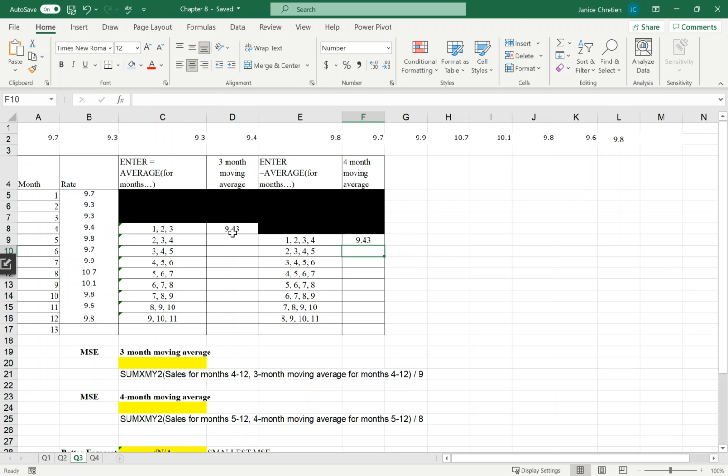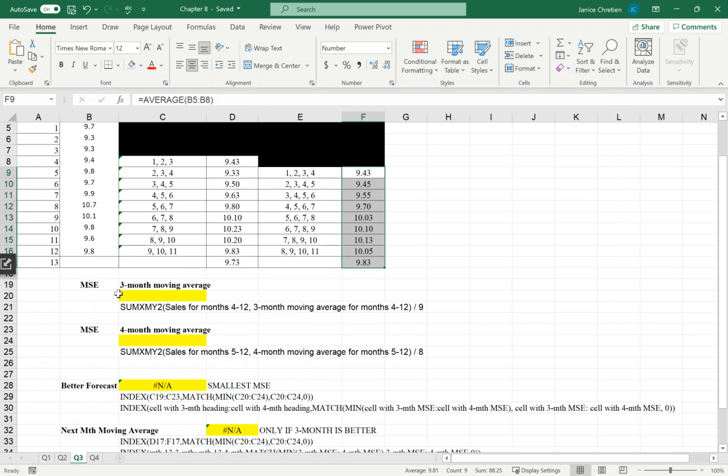Okay, and then we're going to be predicting month 13. So I'm going to go ahead and just put all these in there. Then we're going to do the 3-month moving average like we did before.